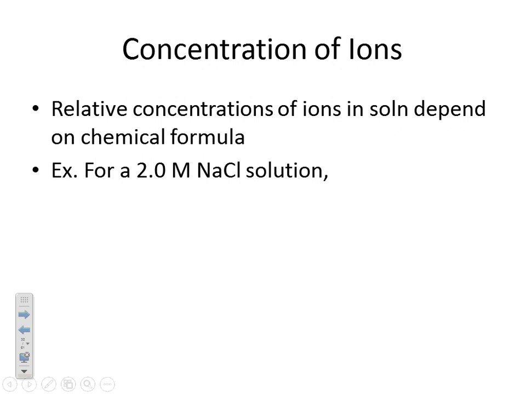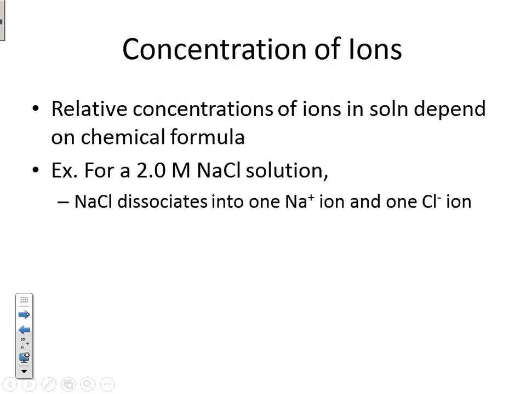So for example, for a 2 molar NaCl solution, we know that NaCl dissociates into 1 sodium ion, 1 chloride ion, so just writing it out like that, this is a 1 to 1 to 1 ratio. So 1 mole of NaCl makes 1 mole of Na plus and 1 mole of Cl minus. But molarity is moles per liter.